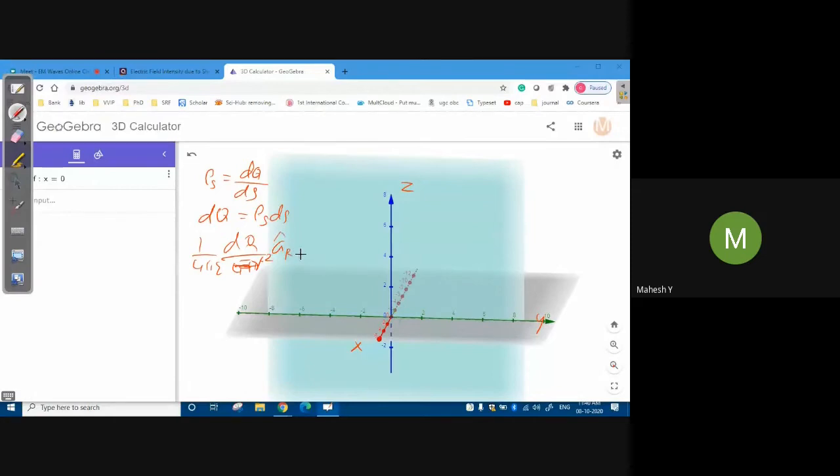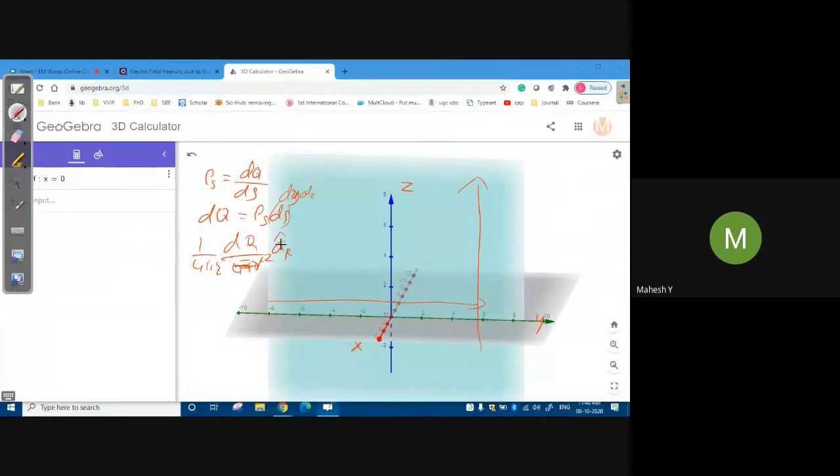So this is what we are doing, right? Clear? Now, if we have to do this integration, the ds may consist of two things, dy and dz. So I have to integrate along y-axis, integrate along z-axis. That will be difficult because I have to do two types of integral.